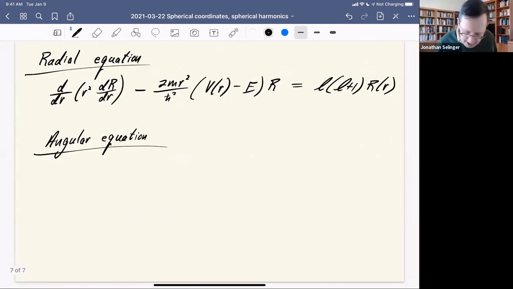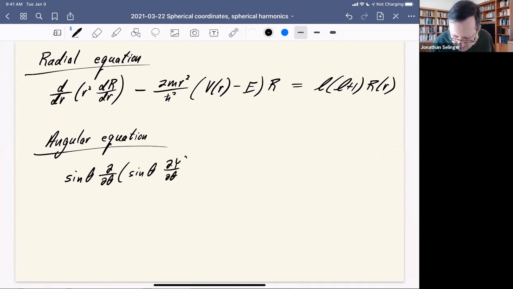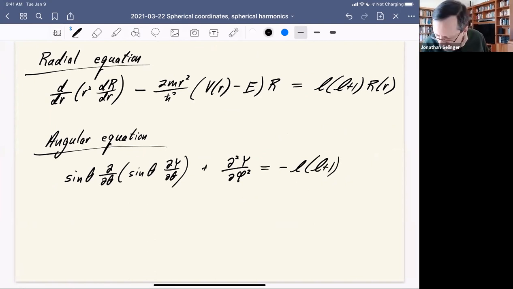So that gives us sine theta d by d theta of (sine theta dY/d theta), plus the second derivative of Y with respect to phi, is equal to negative L times (L plus 1) sine squared theta times Y of theta and phi.